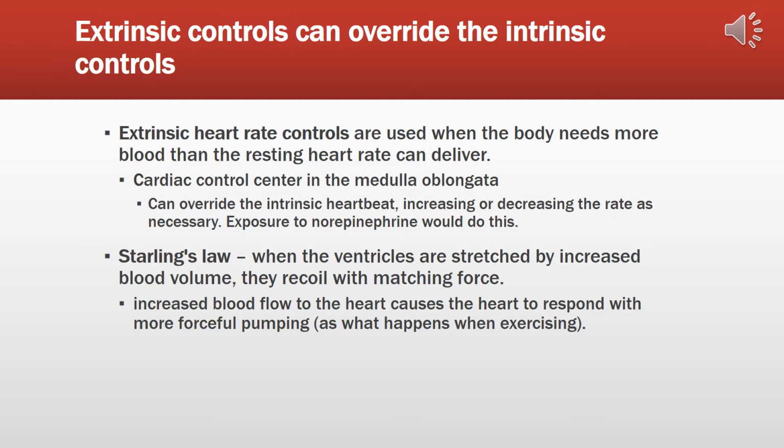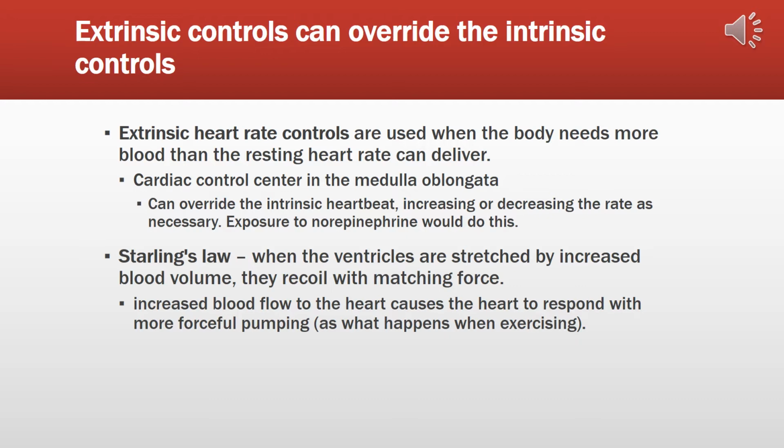This part of the brain can override the intrinsic heartbeat, leading to an increase or decrease in heart rate as necessary. This would happen when we're producing norepinephrine or epinephrine in response to some sort of threat in the fight or flight response.